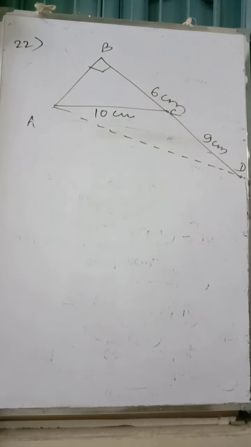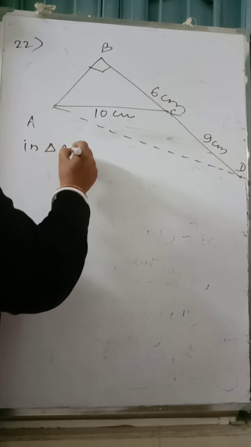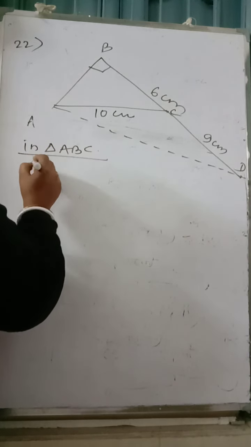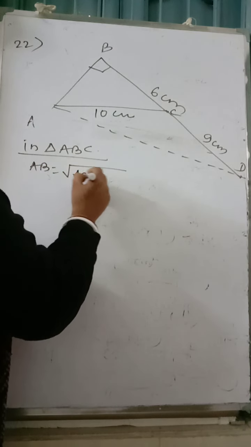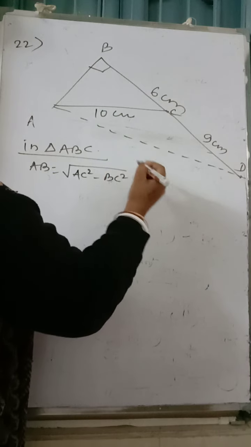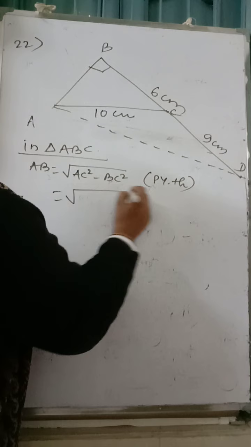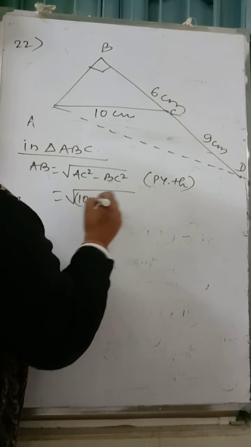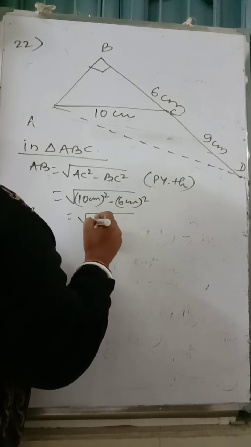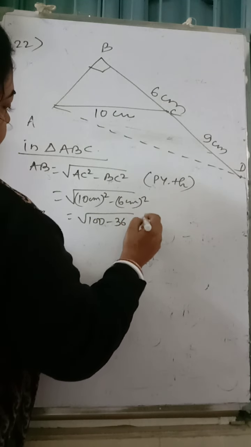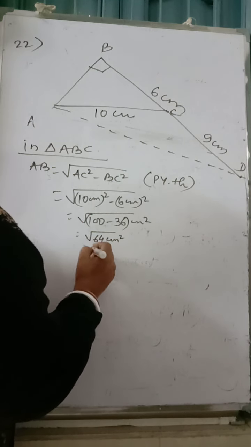Is it? So first in triangle ABC, I have to find AB. AB is equal to under root AC square minus BC square. Pythagoras theorem. 10 centimeter whole square minus 6 centimeter whole square. 100 minus 36 centimeter square. 64 centimeter square, or 8 centimeter.